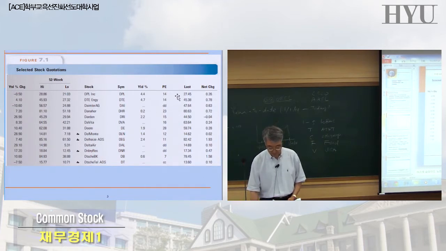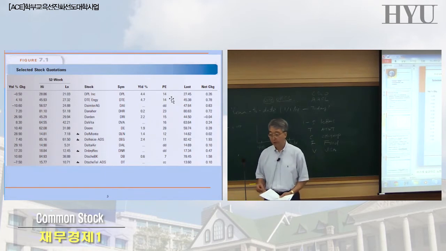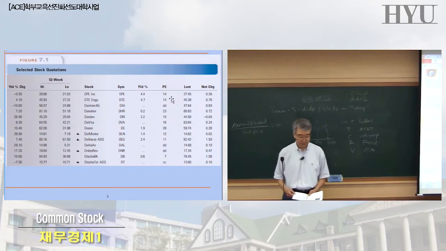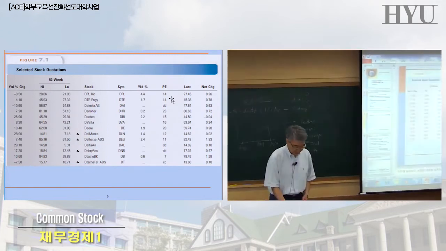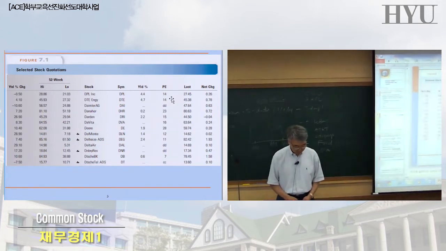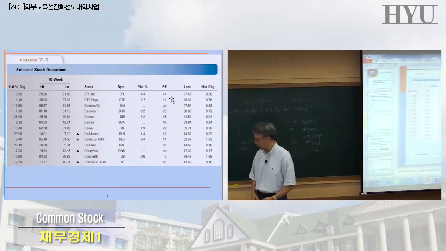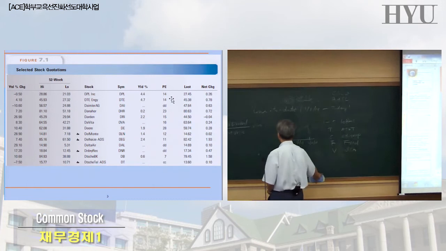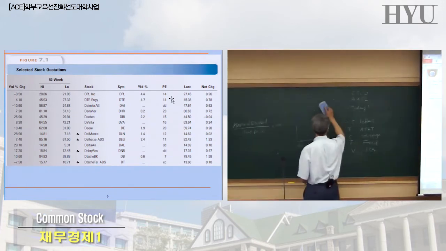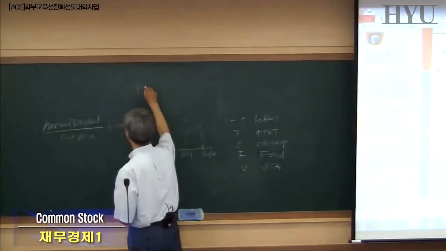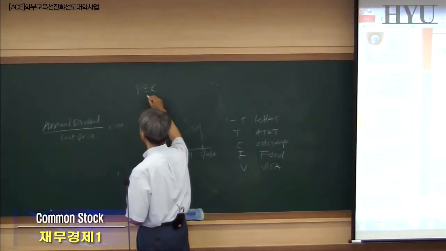PE or PER. In the United States, it's called the PE. In Korea, it's called the PER. It's price earnings ratio, as you know. And that's the last price divided by last 4 quarters EPS. So, more exactly, sometimes it's called the P/E.